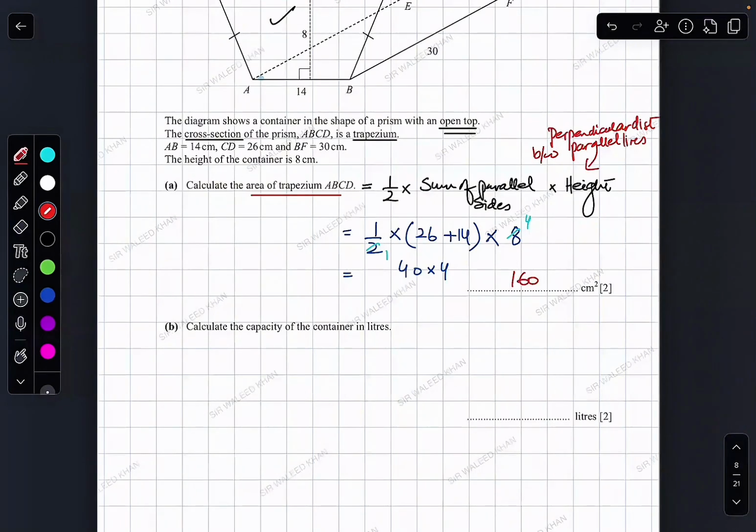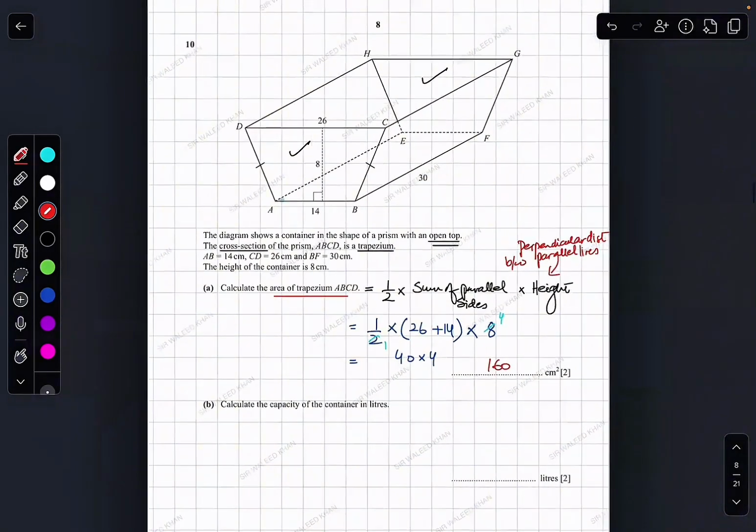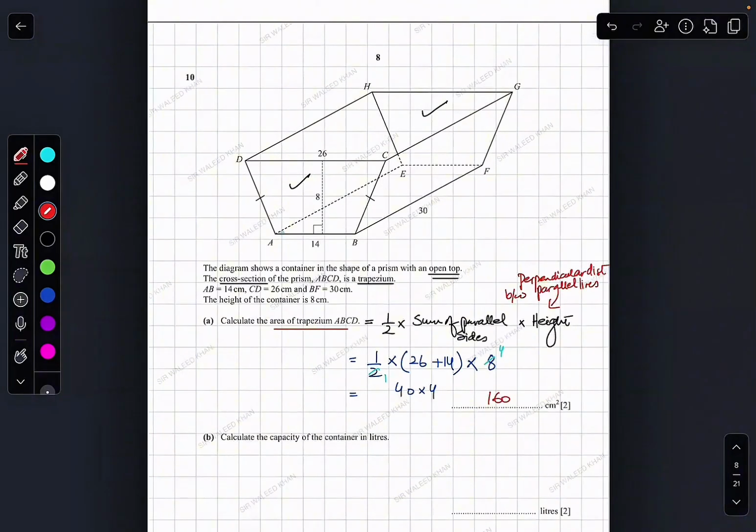The capacity of the container in liters. Capacity is another word for, just as I've told you in the previous past papers as well, surface area, consider it like this. You have a paintbrush, you want to paint this shape.